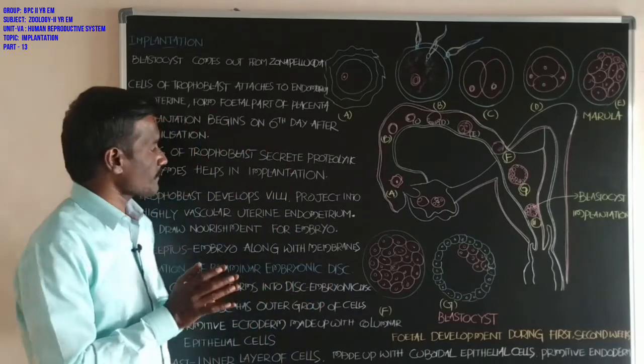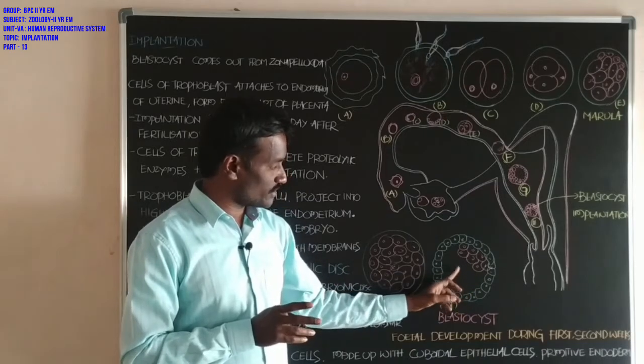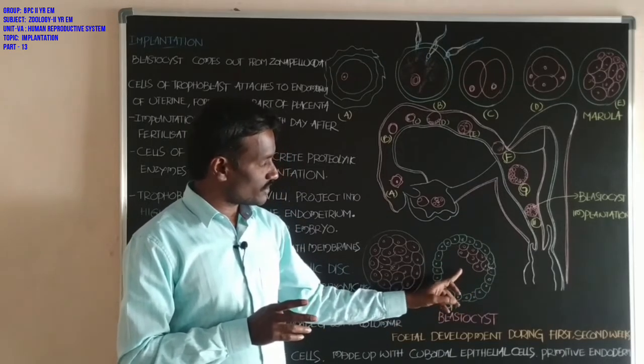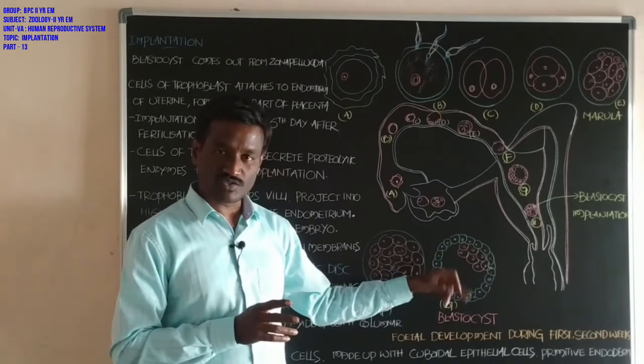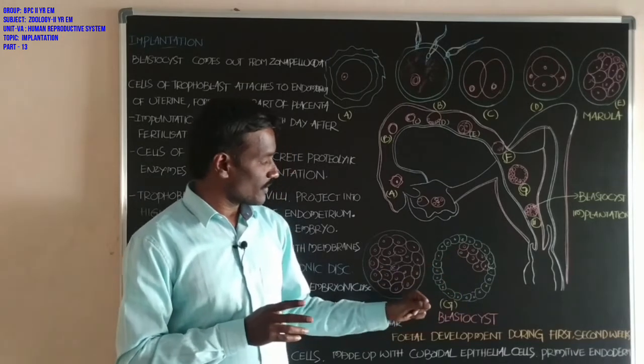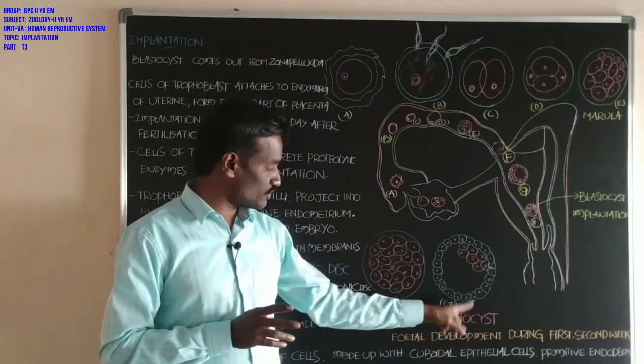Student, this is the blastocyst. The blastocyst has a cavity that is the blastocoel. It is arranged as a cyst-like structure, hence the name blastocyst.